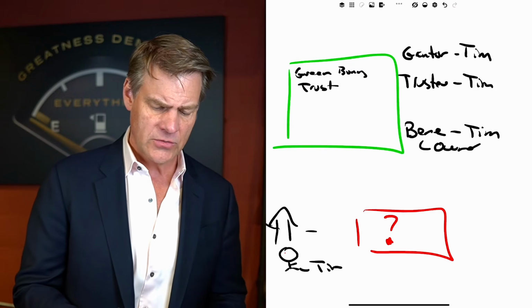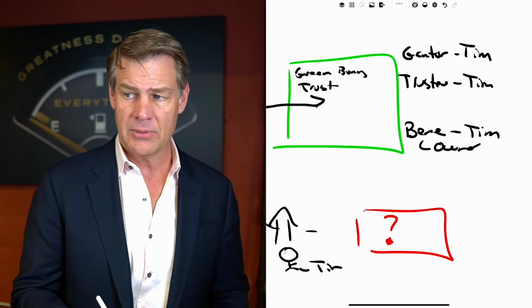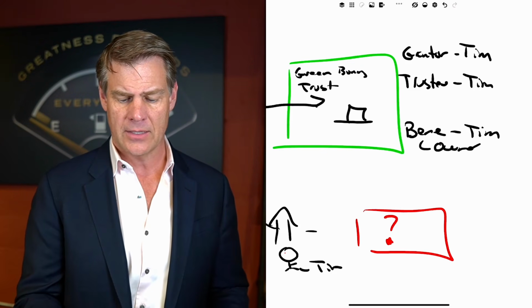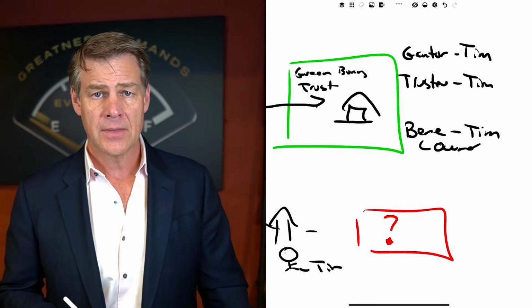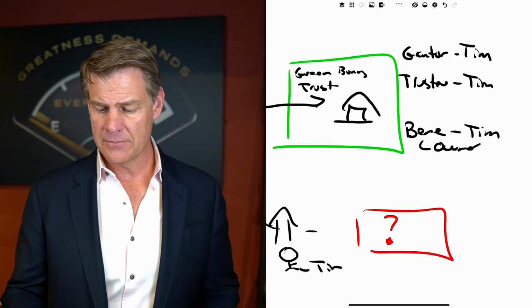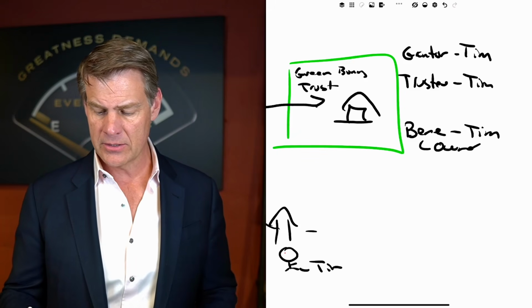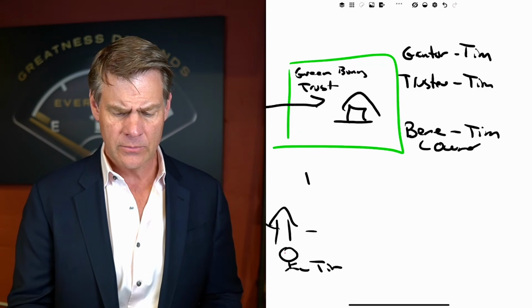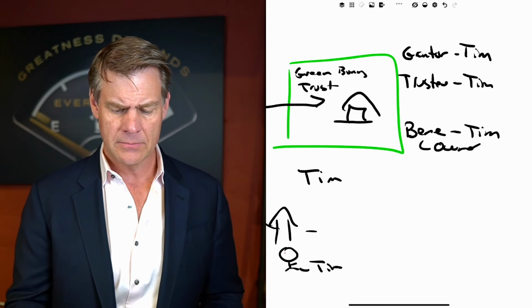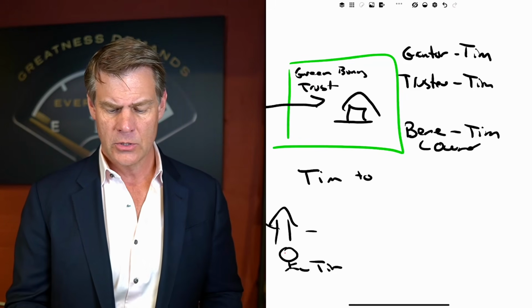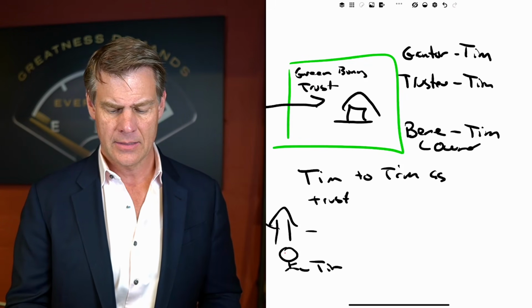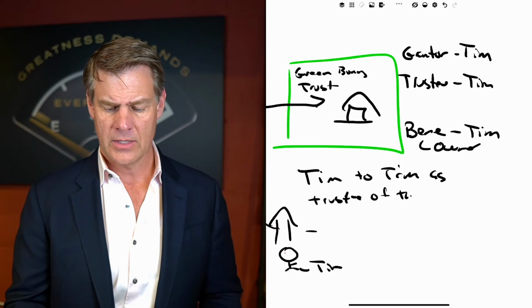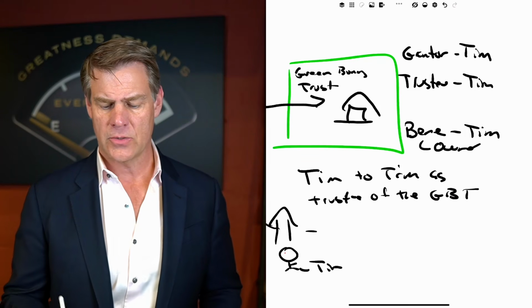So if Tim transfers his property out of his name and places it into this trust right here, so now the property is held inside of the trust. Here's how the title would read if we were to deed this property into the trust. Title would move from Tim as an individual to Tim as trustee of the Green Bunny Trust.